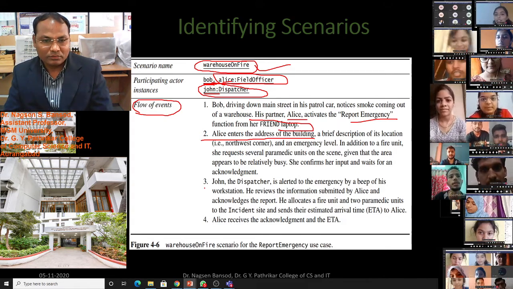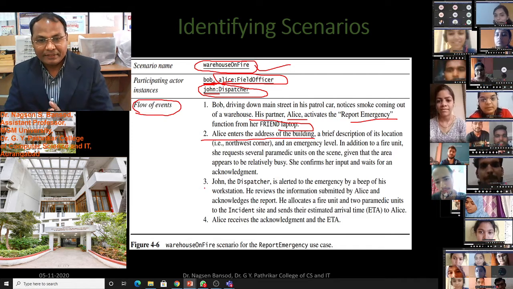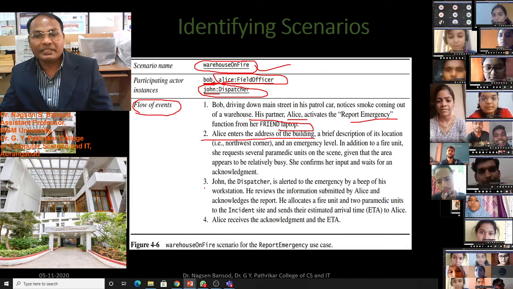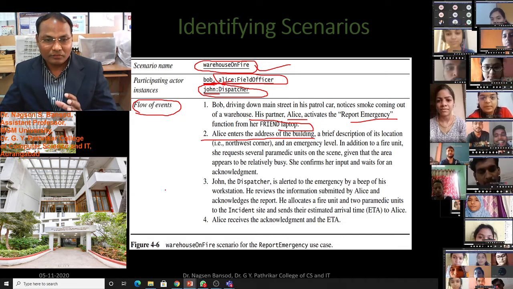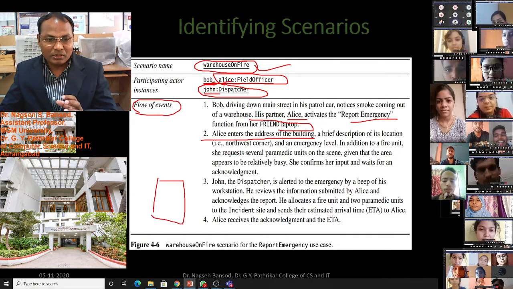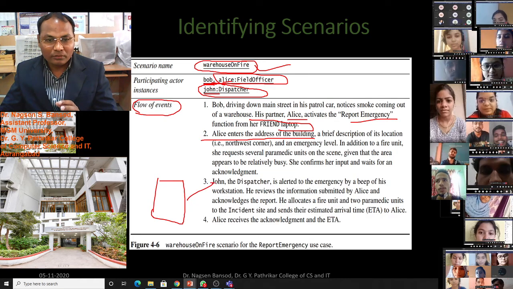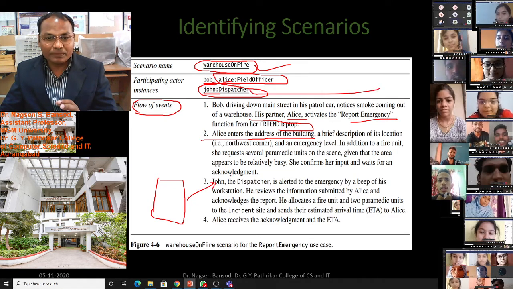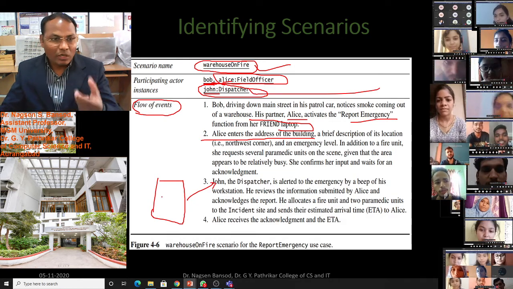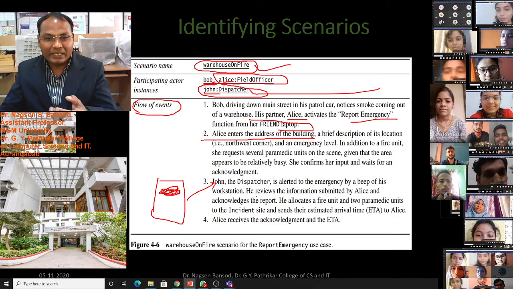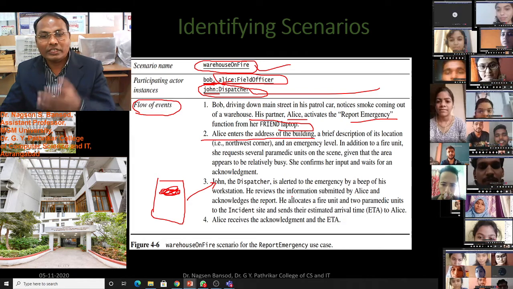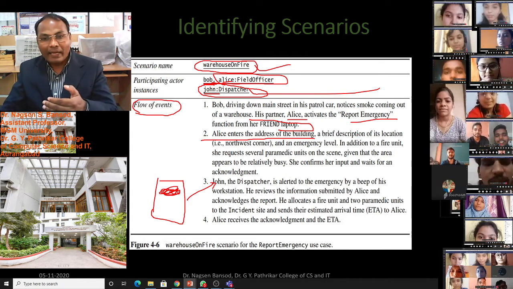John, the dispatcher, is alerted to the emergency by a beep of his workstation. There is a workstation at John's desk because he is a dispatcher, and he got a beep from the workstation. He reviews the information submitted by Alice.